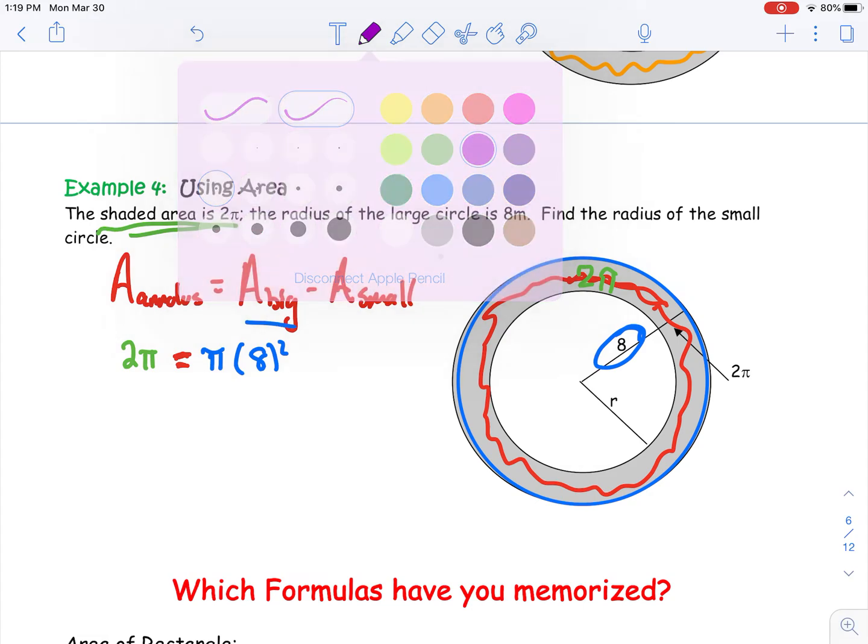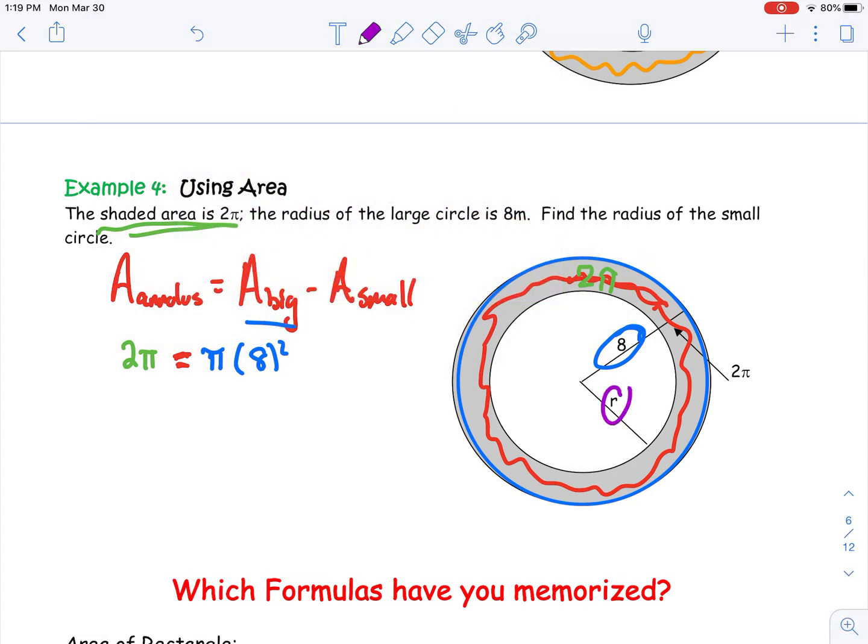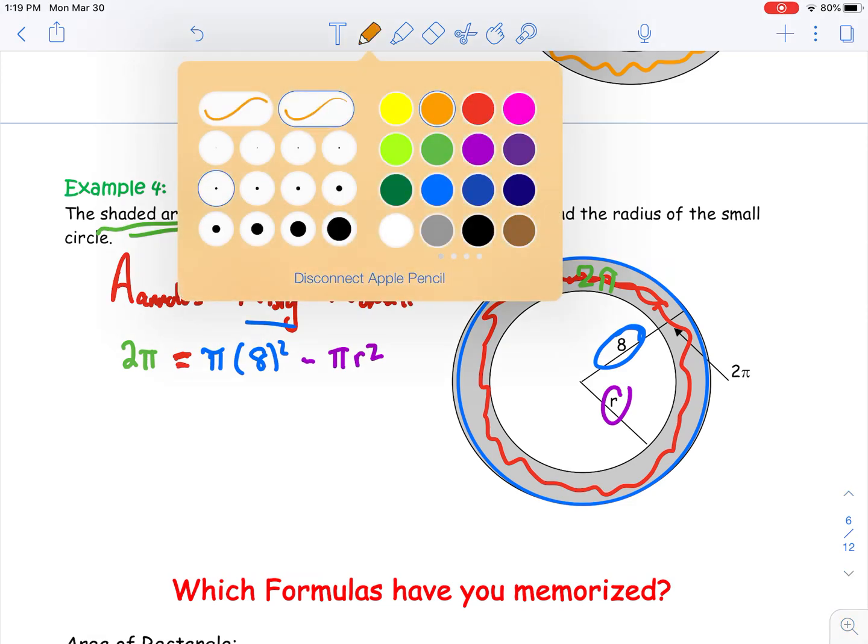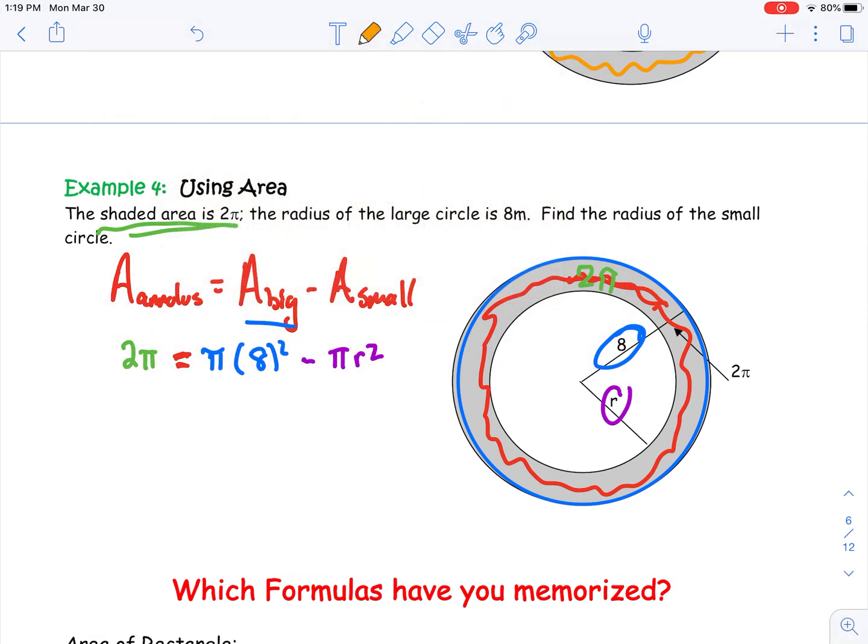And I'm asked to then find the area of the small radius. Well, I don't know what the small radius is, but I know that the area of the small circle that we cut out came from the formula pi r squared. I then look at the equation I have, and notice I can solve it because there's only one unknown. It's the radius squared. I start simplifying things. 2 pi is 64 pi minus pi r squared.